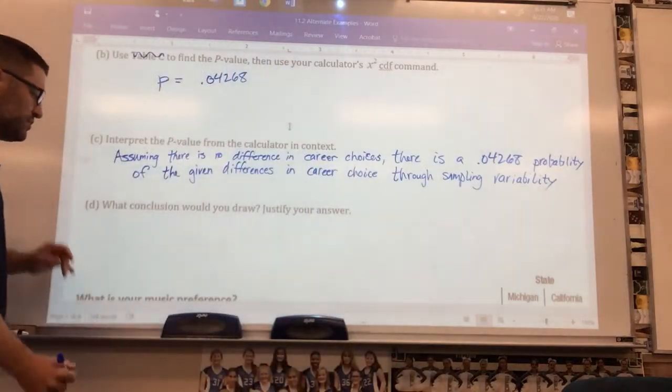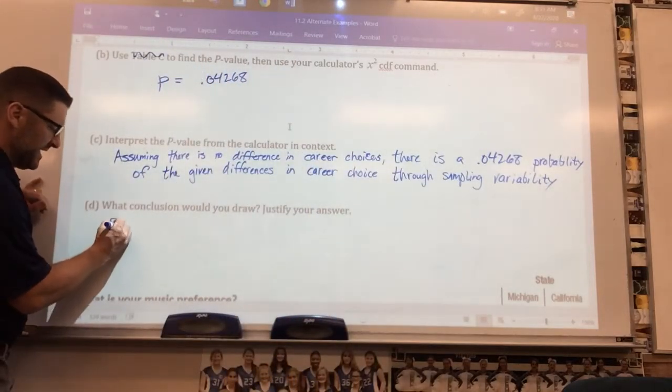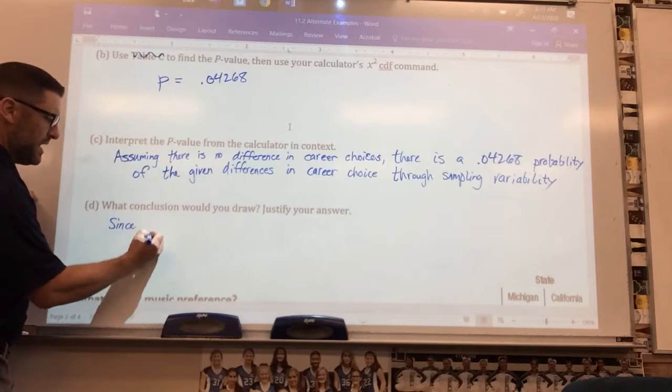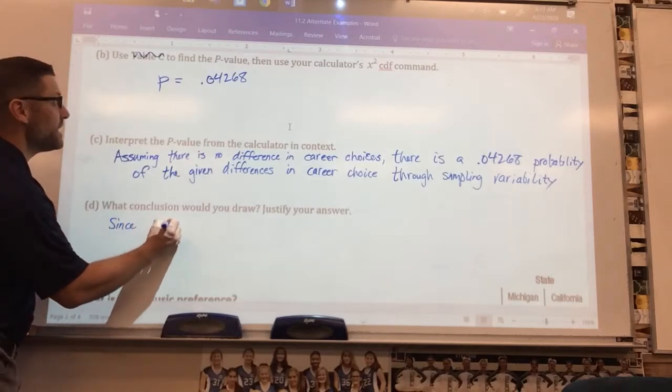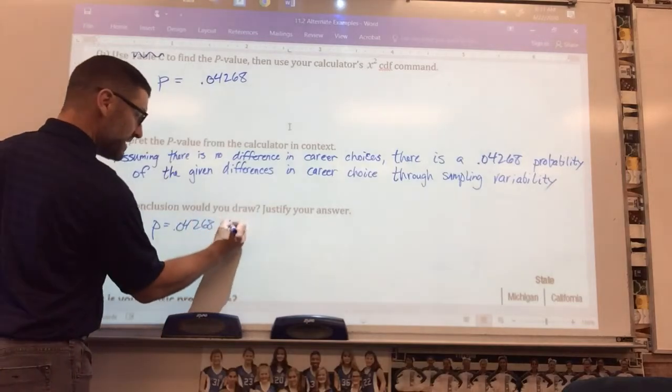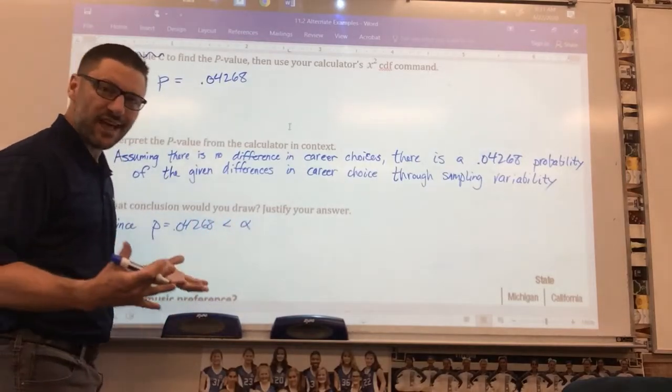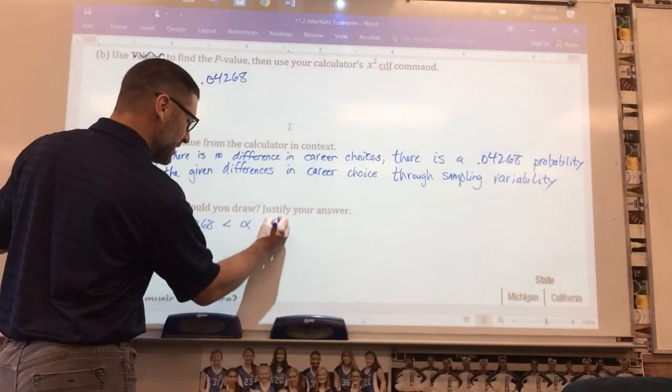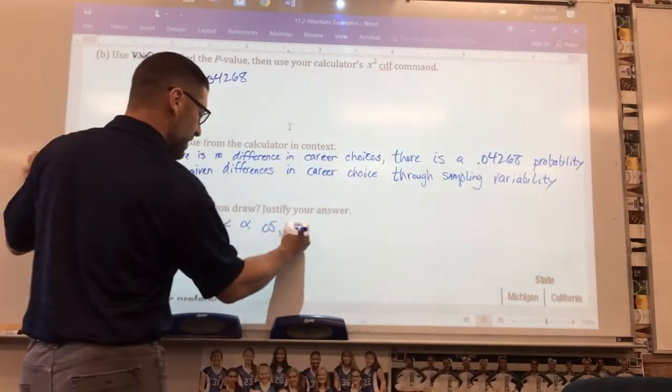What conclusion would you draw since P equal to 0.04268 is less than our standardized alpha value of 0.05?